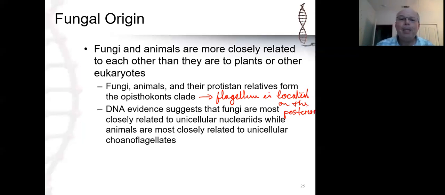Excuse me. And the other thing that we need to remember is that in a larger sense, the opisthokonts are assigned to the supergroup known as Unikonta, which also makes them unique. So let me bring the arrow down here.